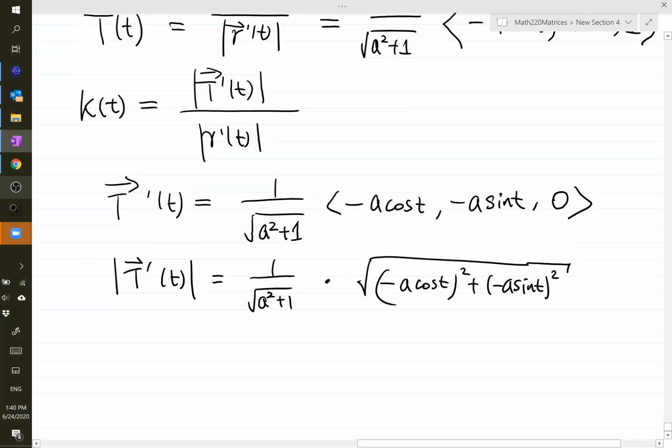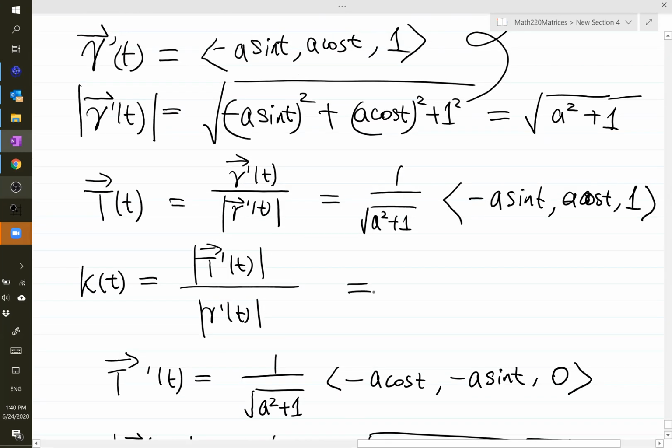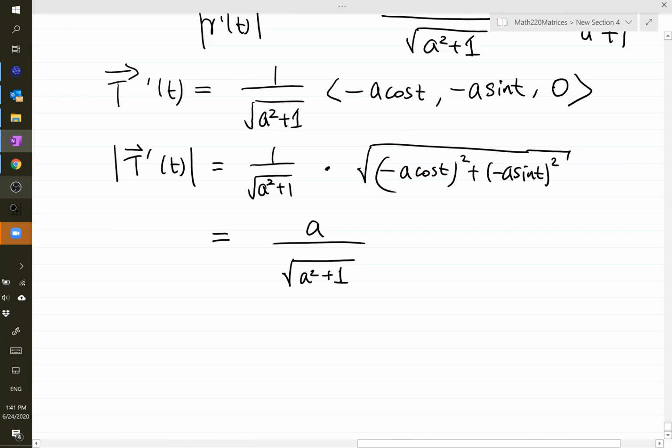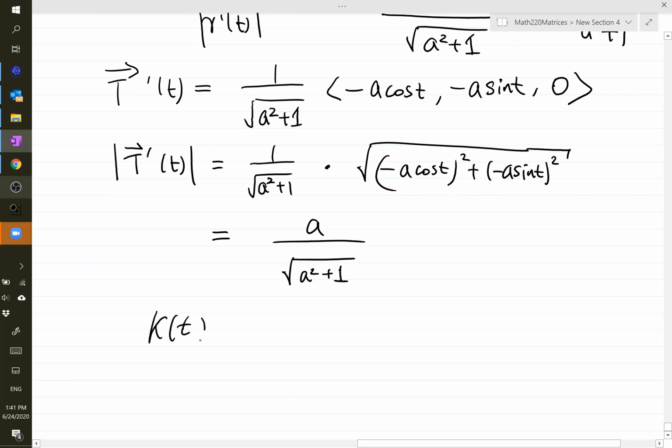You get a over the square root of a squared plus 1. Now the tangent vector norm is the square root of a squared plus 1. So finally we get a over a squared plus 1. So the helix curvature kappa(t) is a over a squared plus 1.